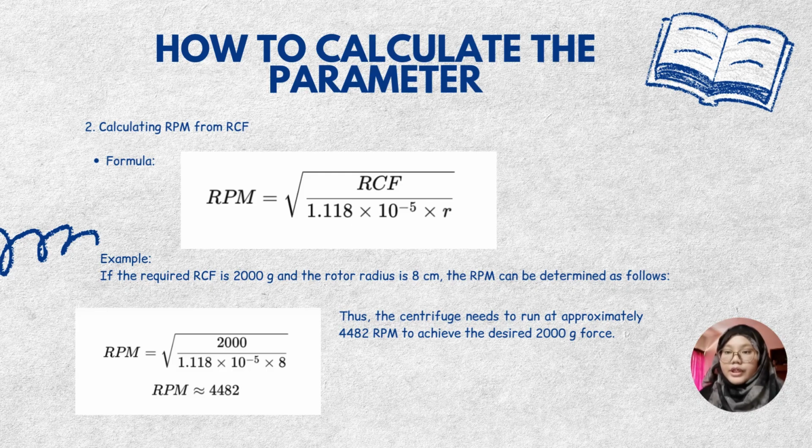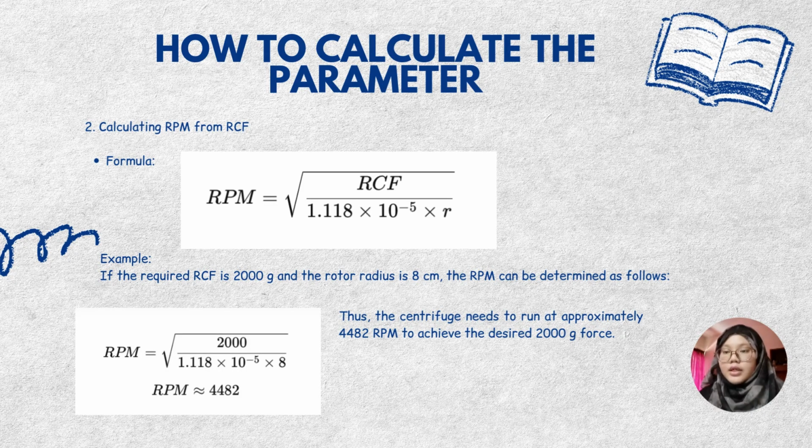Next is calculating RPM from RCF. If you know the required RCF and the rotor's radius, you can calculate the necessary RPM. The formula is RPM equals the square root of RCF over 1.118 times 10 to the power of negative 5 times R. The first step is to determine the required RCF, then measure the rotor's radius, then plug the values into the formula to calculate RPM. For example, if the required RCF is 2000 g and the rotor's radius is 8 cm, the RPM can be determined as follows.